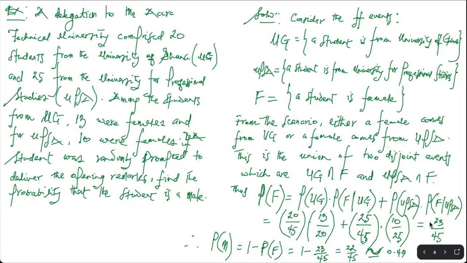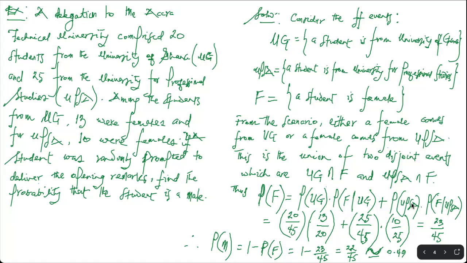All right. And so if you recall this statement, we said that the probability of a female is given by this expression, the probability of coming from UG multiplied by the conditional probability of a female, plus the probability of UPSA multiplying the conditional probability of a female from UPSA. Now, think about it.